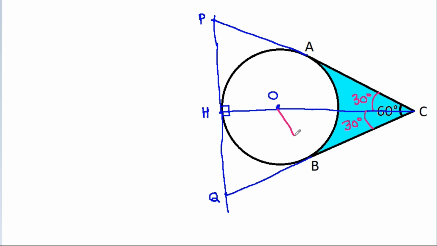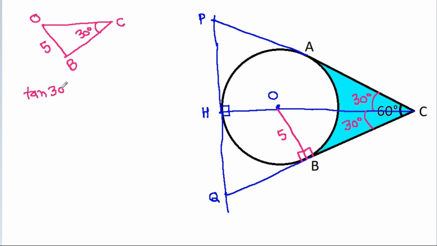If we join OB, then OB is a radius, that will be 5, and these angles will be 90 degrees. So in triangle OBC, OB is 5, this angle is 30 degrees.